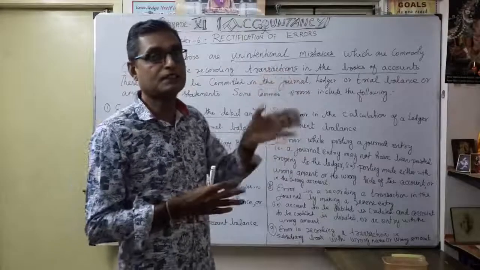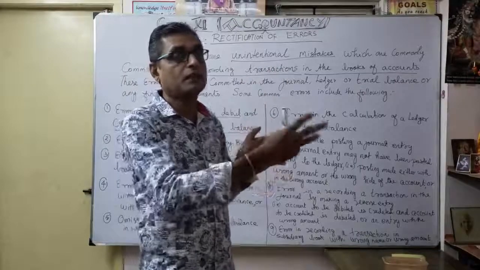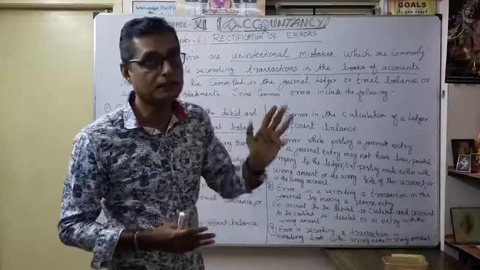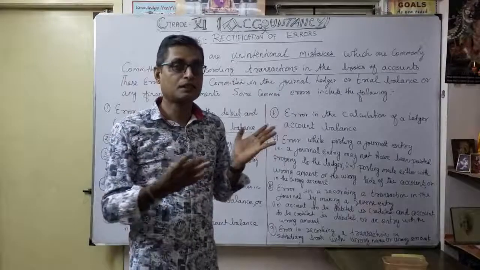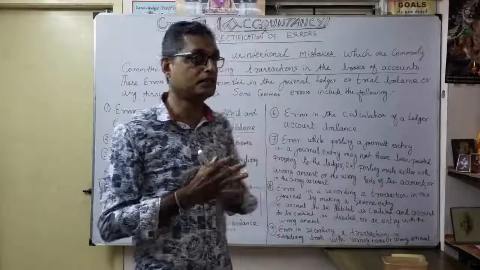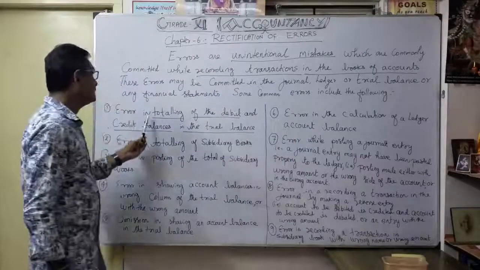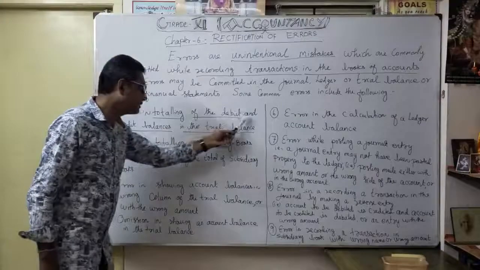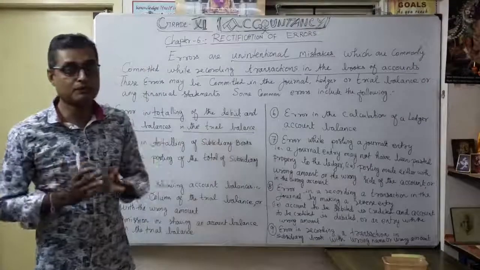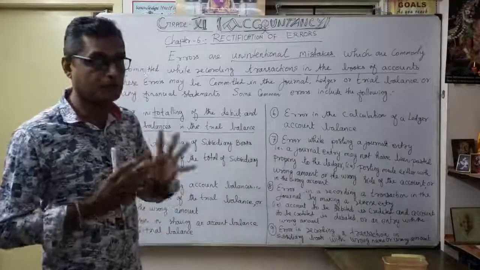Once the balances are ready and you total them, an error may come, since debit gets one total and credit gets another. Some mistakes occur in the preparation of the trial balance. That is the first possibility.